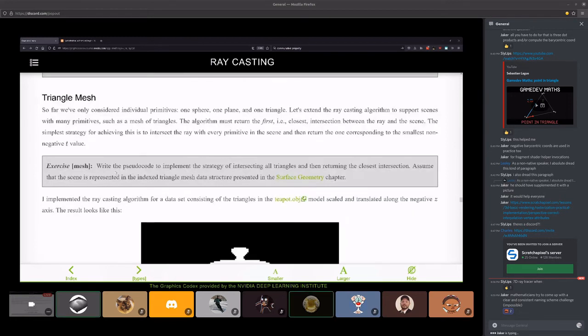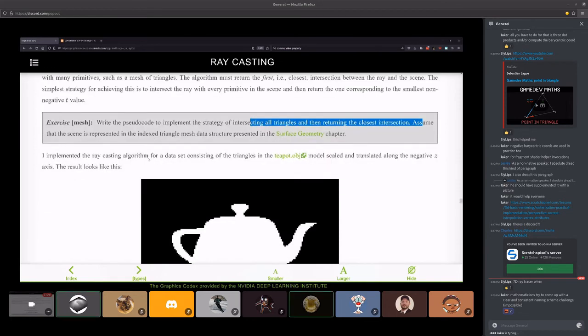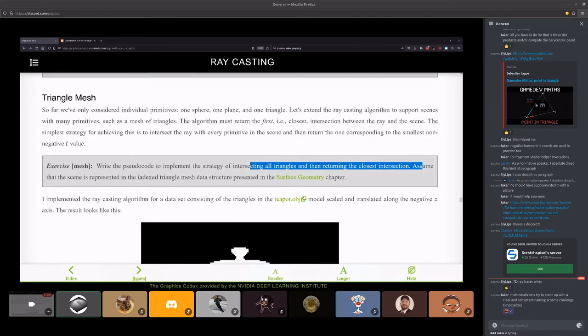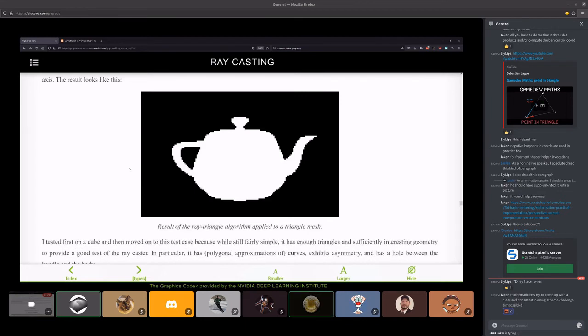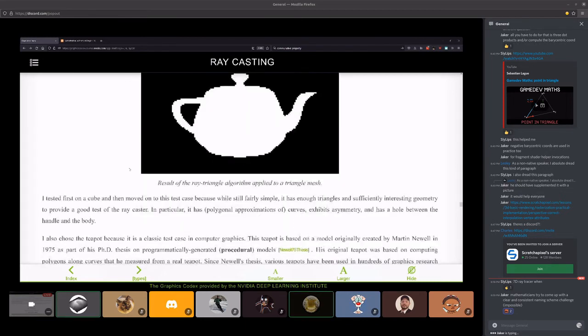Very, very crude, but it would work. And a mesh is just a bunch of triangles, so we just have to do a ray triangle intersection on each triangle individually, which is going to be computationally expensive, but that's the way of things. It's good for you, it builds character.